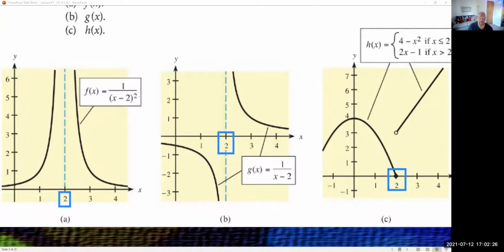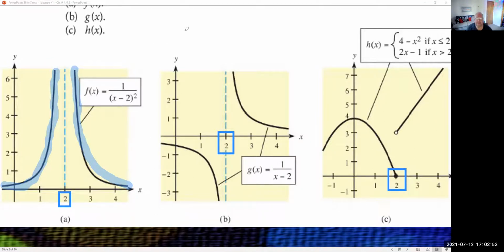So if we think about x approaching from the left, the image would look kind of like this. What does the y value appear to be approaching as the x value is getting closer to 2? What does the y value appear to be approaching as the x gets closer to 2 from the right? The answer is infinity. In other words, what are the y values getting closer and closer and closer to?